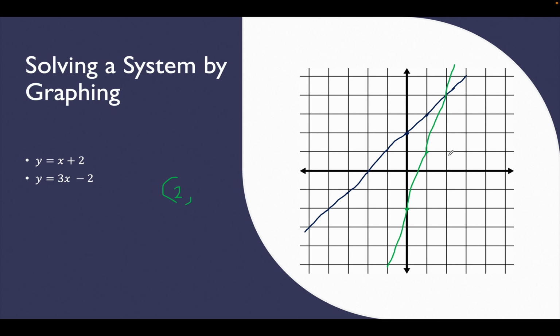And we're going up 1, 2, 3, 4. Oh, it looks like it's a 4. And that is the answer to the problem. 2, 4 solves both of the equations. This solves the system of equations.